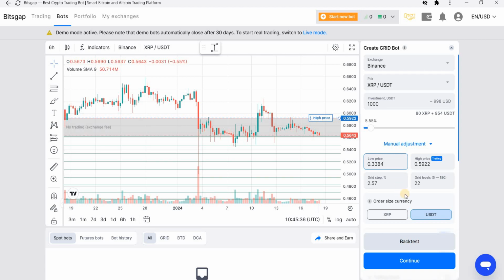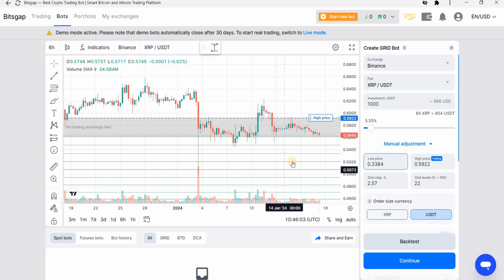Right, now the next step is to select the grid levels, because obviously the more grid levels you have, the more transactions you will have, but they will be at a lower value. The less grid levels you have, the less transactions you'll have, but each transaction will be a higher value.